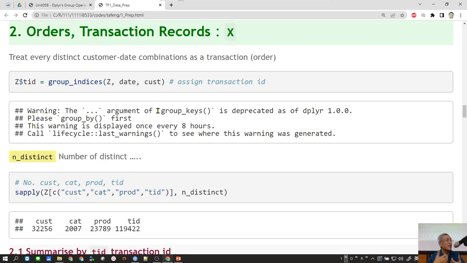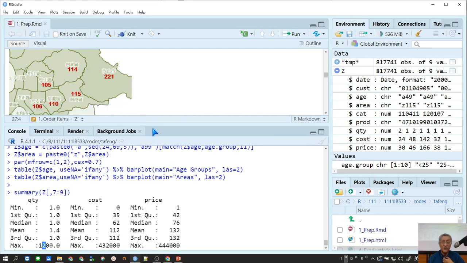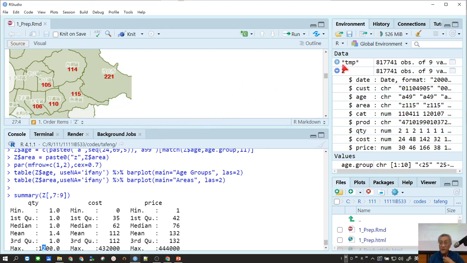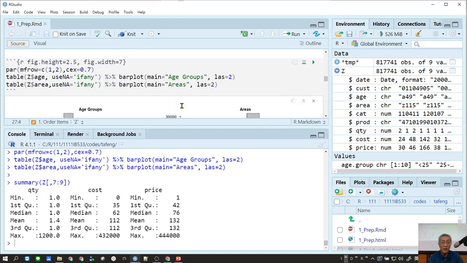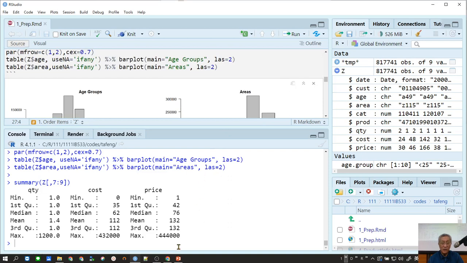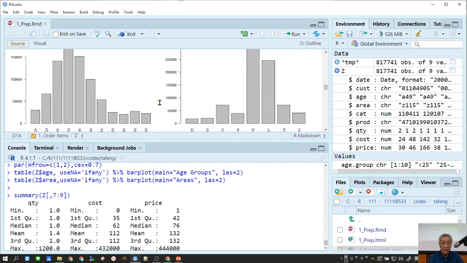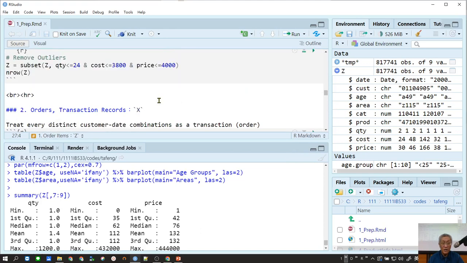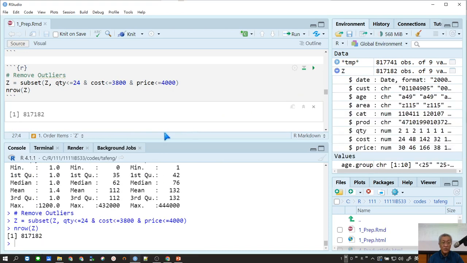Now, at this point, we have the data of how many? Up to this point, our data is reduced to 717,1A2, right?